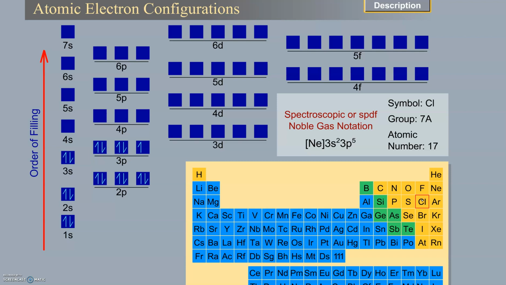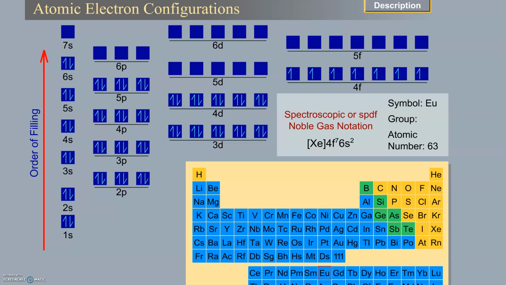It fills P5, and over here it has already written it for you in noble gas notation. We're only interested in the ending part here. Some of these elements are going to get kind of big, and they'll show you that they have electrons that are ending in D's, and some of them have electrons that are in F's.